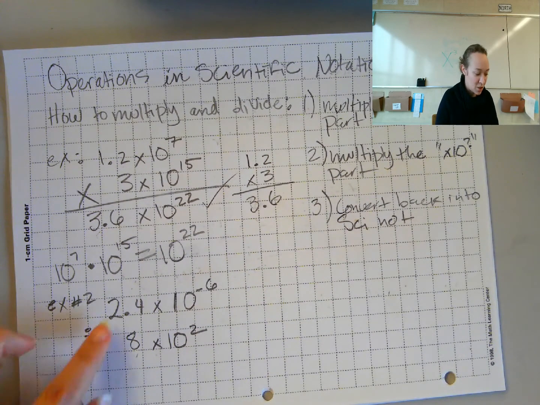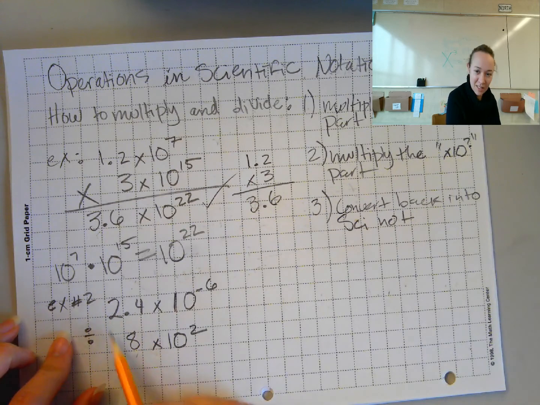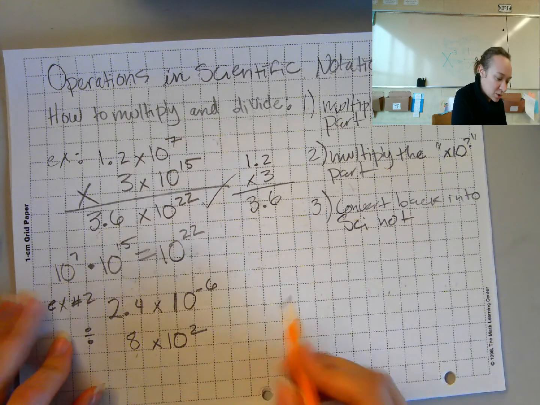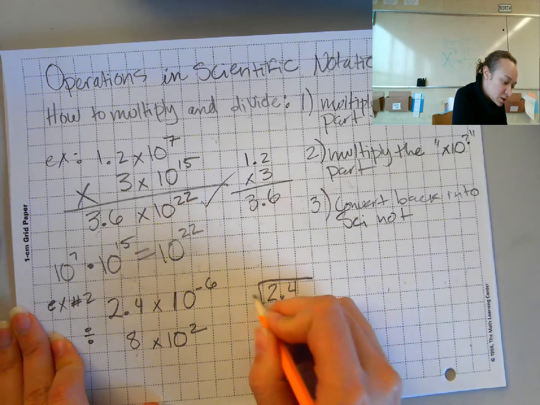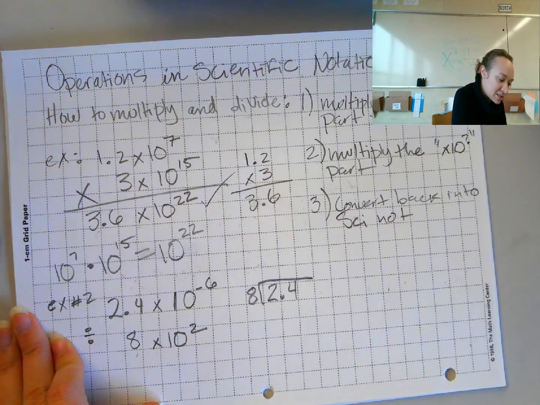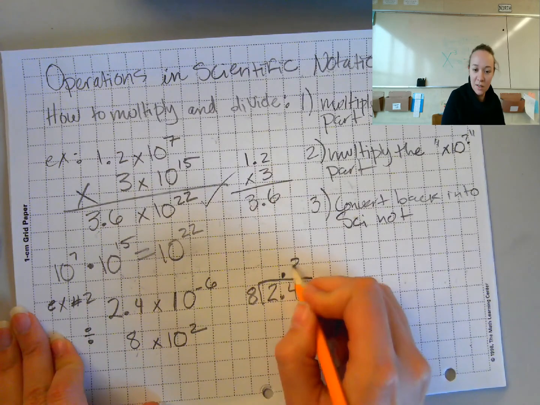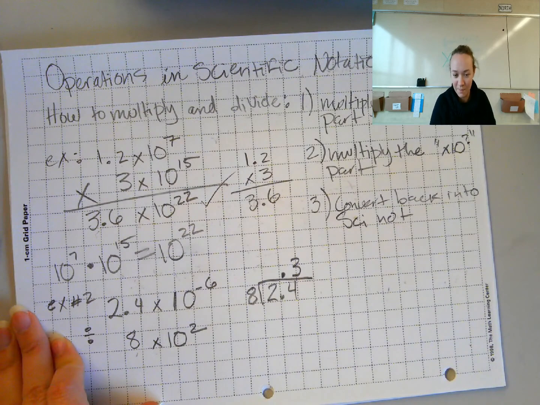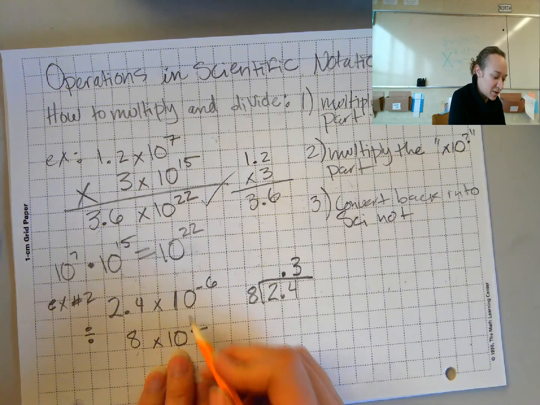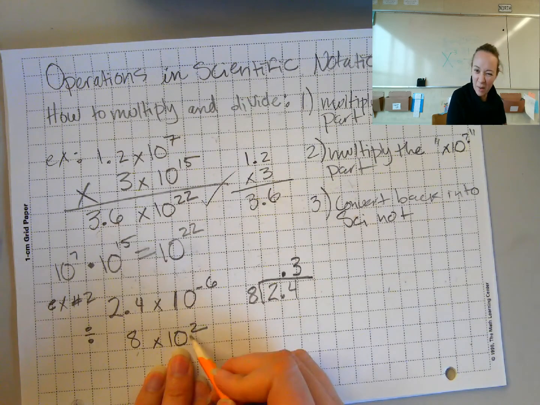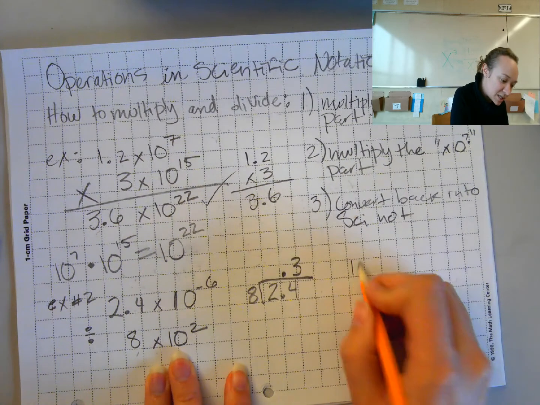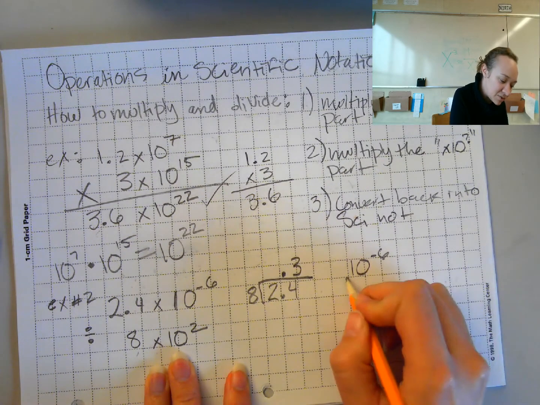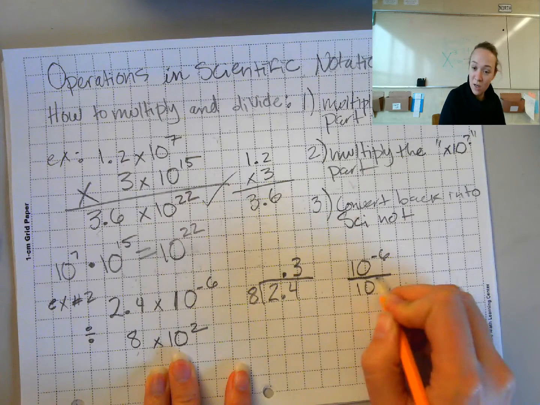So the first thing I'm going to do is divide the decimal parts. So I'm going to do 2.4 divided by 8. That gives me exactly 0.3. Okay? Then I'm going to divide this part. I'm going to set it up like a fraction because that's kind of the way I like to see it. So I'm going to do 10 to the negative 6 divided by 10 squared.